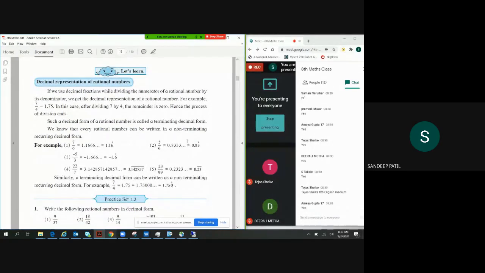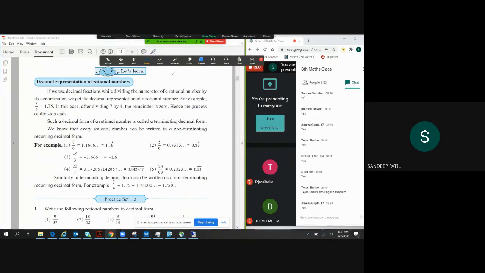Till now we saw rational numbers written as fractions, called अपूर्णांक in Marathi. We have learned that rational numbers can be written in the form 3 by 7, 5 by 10, 5 by 11 or something like that, but it is not always convenient to write in this form. So we have to take the decimal representation of rational numbers.